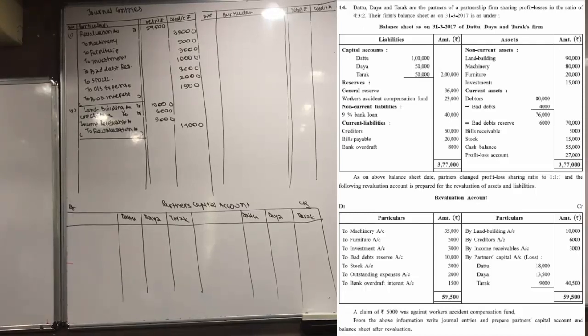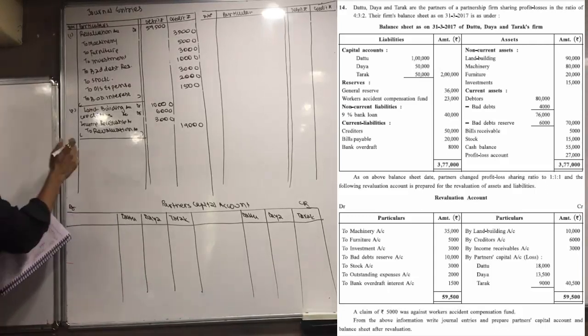Now, next we have to pass the entry for loss. So revaluation account credit side, we debit partners' capital account.